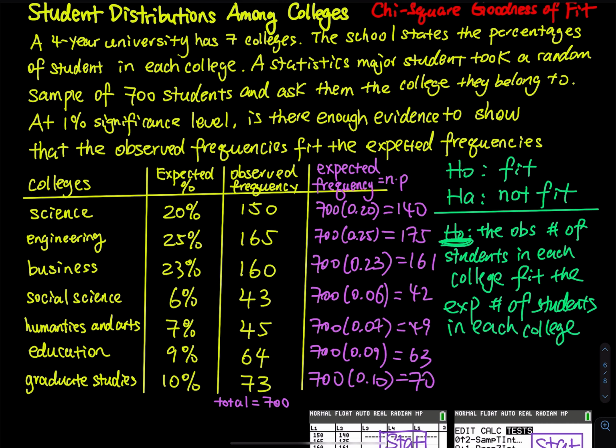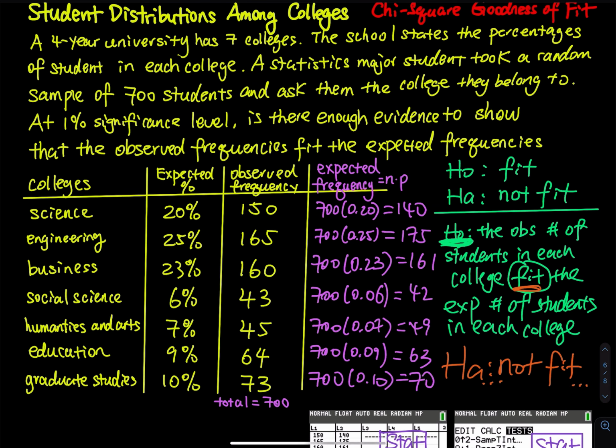So for H0, that is a fit. And then for HA, all you have to do is change the fit to not fit. Everything else stays the same, just change fit to not fit.